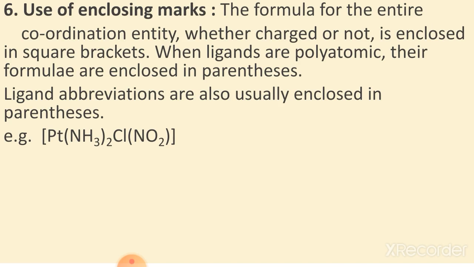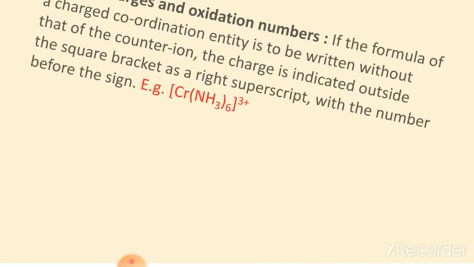Cl is monatomic, so there is no requirement of parentheses. Again NO2 is polyatomic, with more than one atom, so you write its formula in brackets like this. This is basically the requirement of writing the formula. One more example is given, [CoCl2(en)2]. en is the abbreviation of ethane-1,2-diamine. So this can also be written in brackets like this. These are basically the uses of brackets.